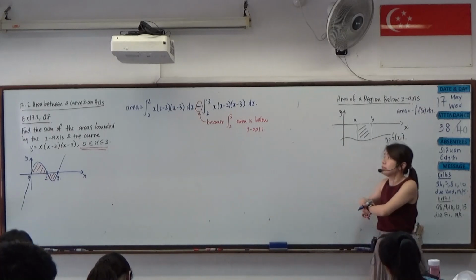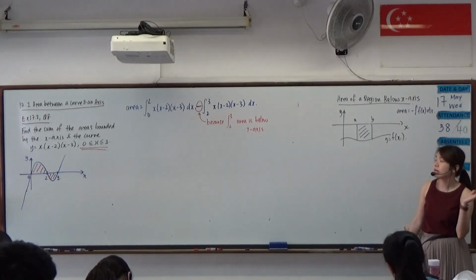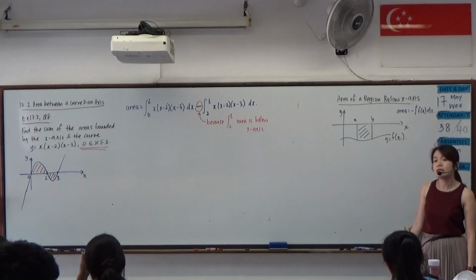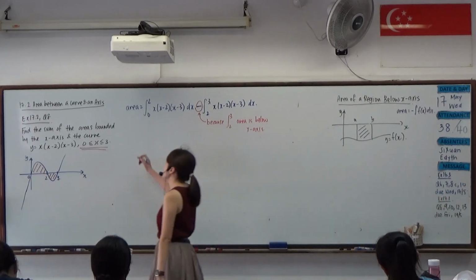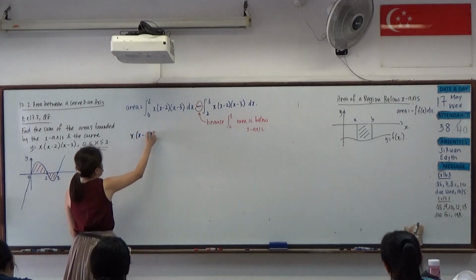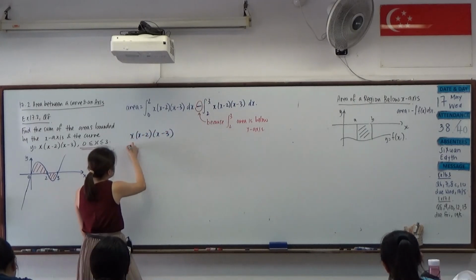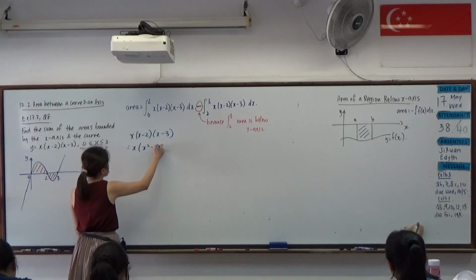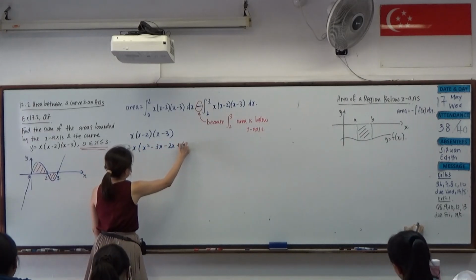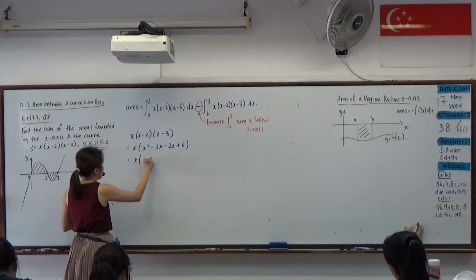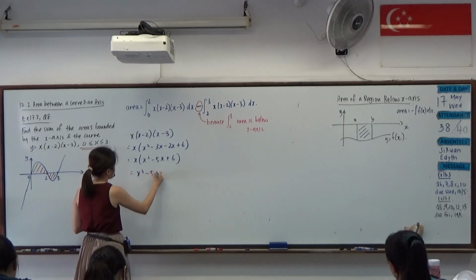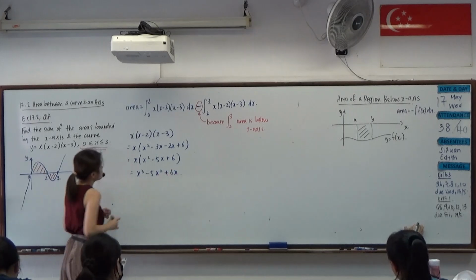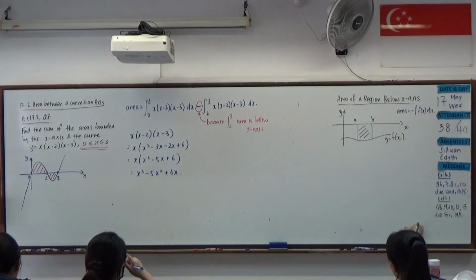I'm just writing it in short. Then now we proceed with integrating. x times x minus 2 times x minus 3 cannot be directly integrated. We need to expand it before we integrate. So you may want to do your expansion separately. So we are integrating x cubed minus 5x squared plus 6x.